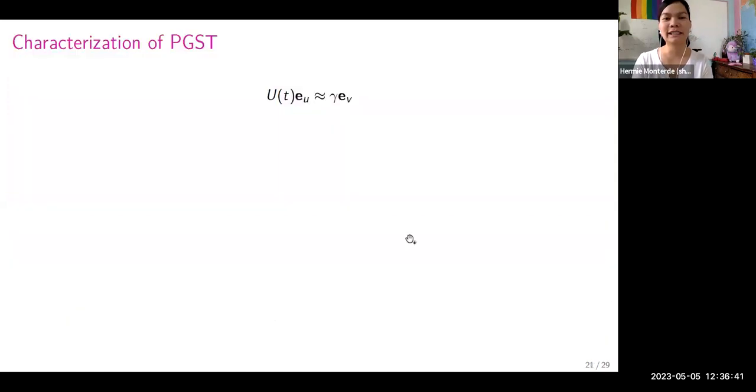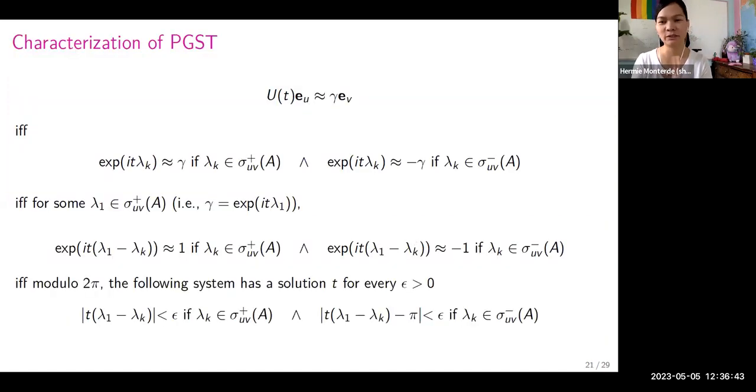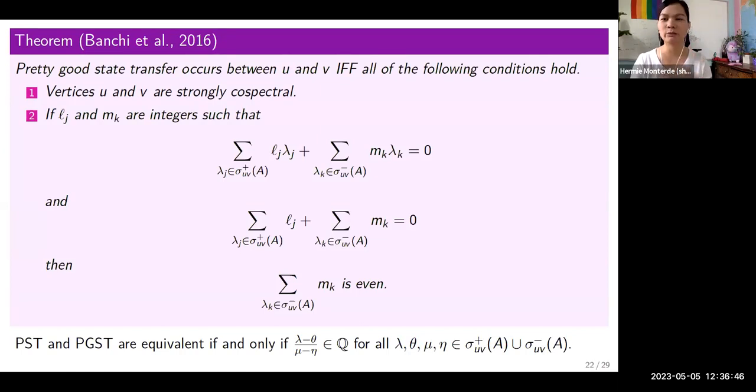All right, now I'm going to skip this PGST because it's really just the same. However, I would like to highlight this characterization of PGST, where it also requires strong cospectrality between vertices, but this is the mathy and very interesting part, okay? It also requires the second condition. And what is the second condition? It's basically just a condition on the linear dependence of the eigenvalues.